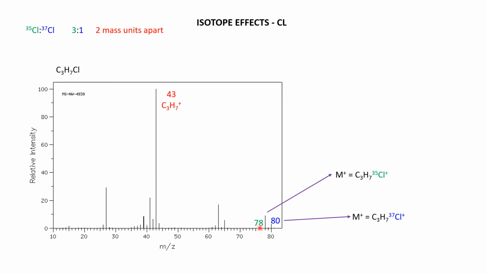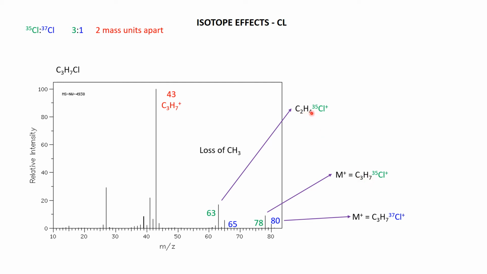Now, if we take 15, and of course 15 is a CH3 group, away from 78, we get 63. And if we take 15 away from 80, we get 65. And so we see this pair down here, 63 and 65, that are those same molecular ions, but having lost CH3. So take CH3 away from C3H7, you get C2H4.